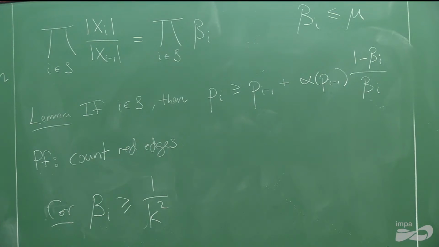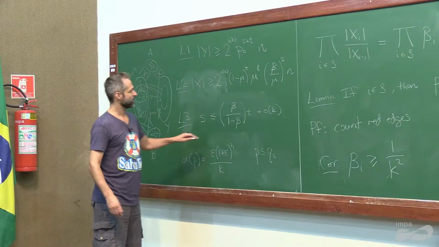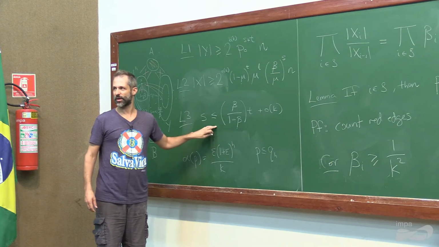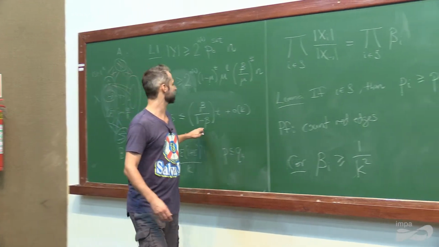So what's the problem if beta_i is very small? If you take a big jump up, right? So I guess we should think about this inequality to explain this.